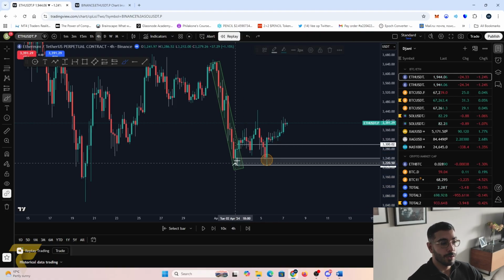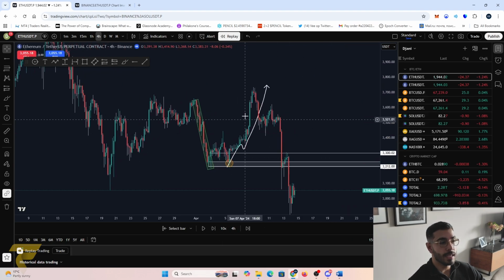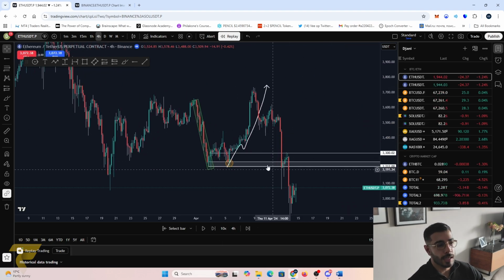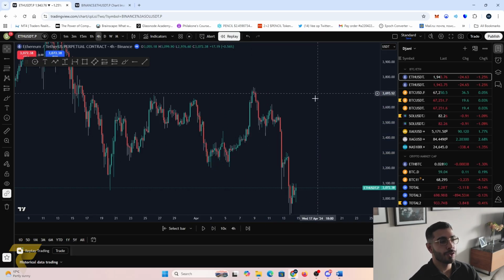However, because you were waiting for a so-called double confirmation, the probability of this particular trade increases, and then you're playing on the way up. And then eventually, of course, price surges and gives you an amazing pump. Eventually it gets invalidated, but that's the difference between playing on a way down versus on a way up.